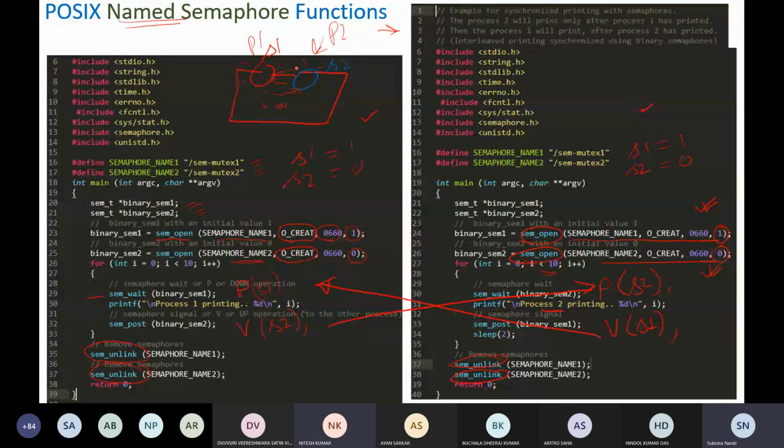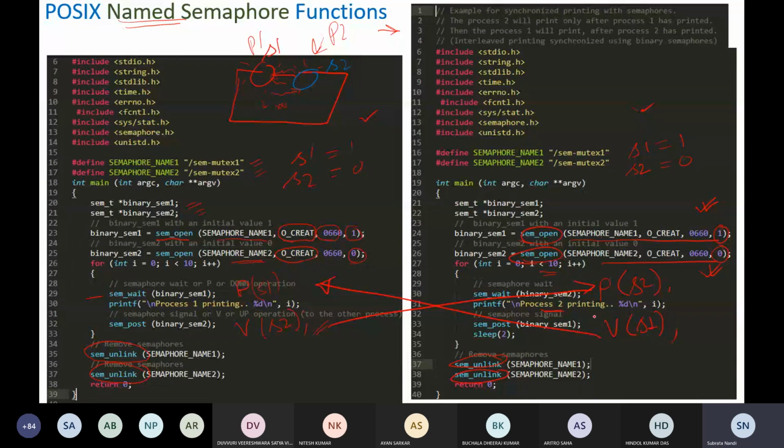No, sir, no. It will be strictly alternating. The way we have placed the semaphores, it will be strictly alternating. Although we have placed semaphores, we try to enforce that they continue in a strictly alternating fashion. So P of S1 is done, and after that only V of S2 will be signaled.